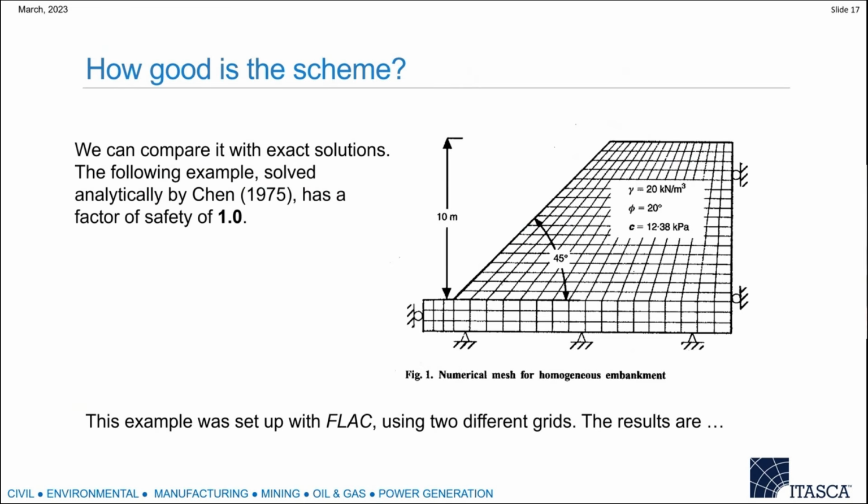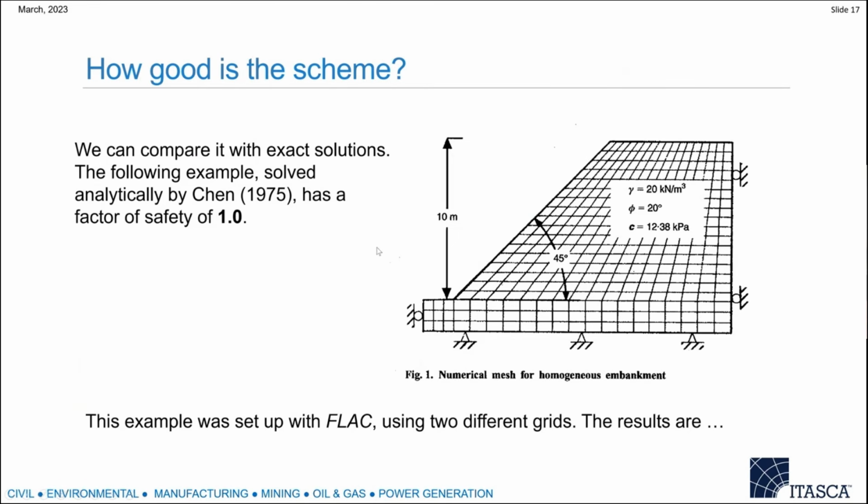So here is a validation example. For this slope, the slope angle is 45 degrees. With these specific properties, theoretically the slope stability is close to 1.